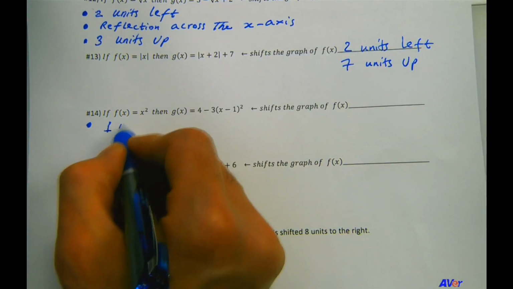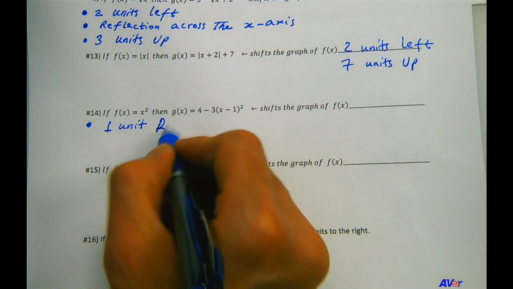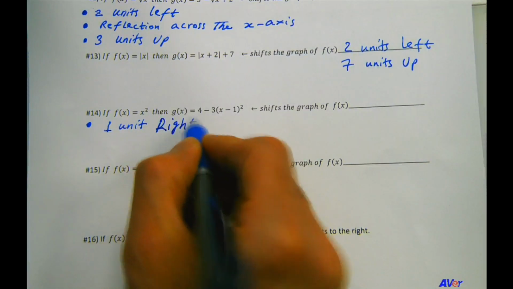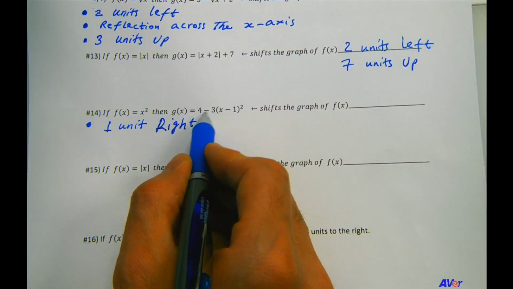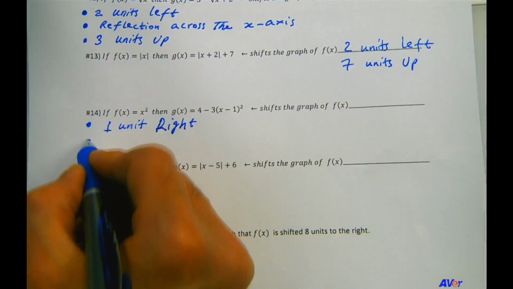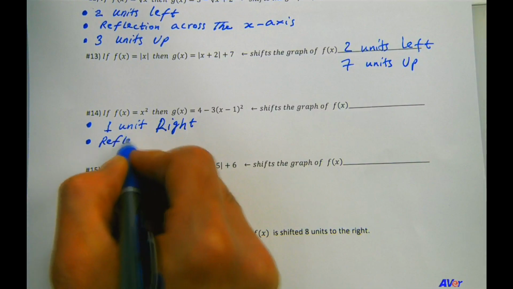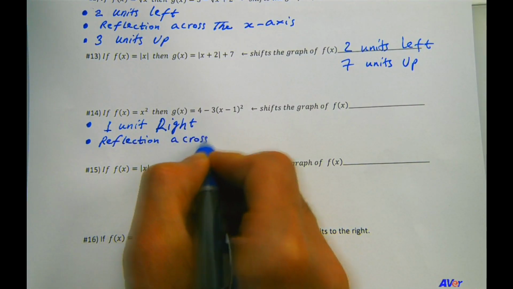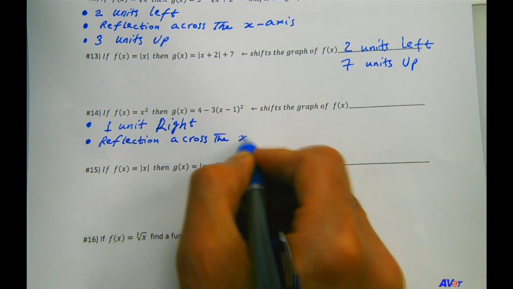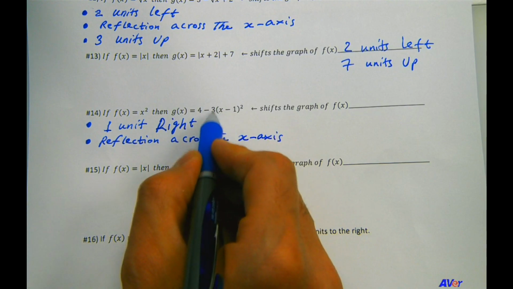So 1 unit right, right? That's that. Then we have flipping across the x-axis because of this minus. So we have reflection across the x-axis, right? Then we have this 3.